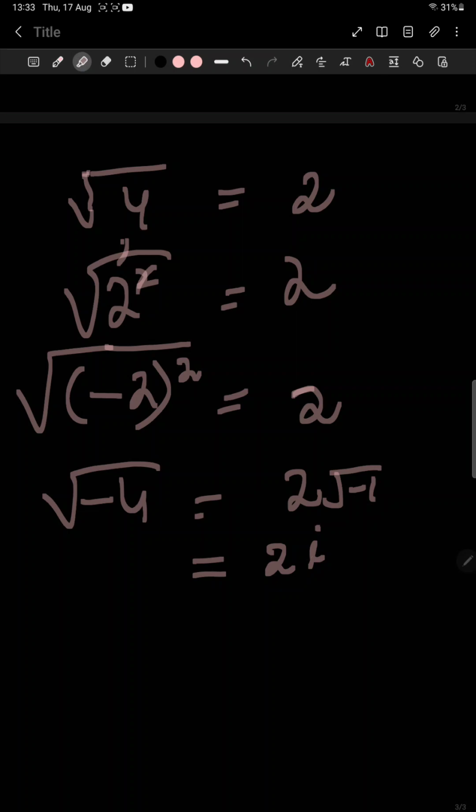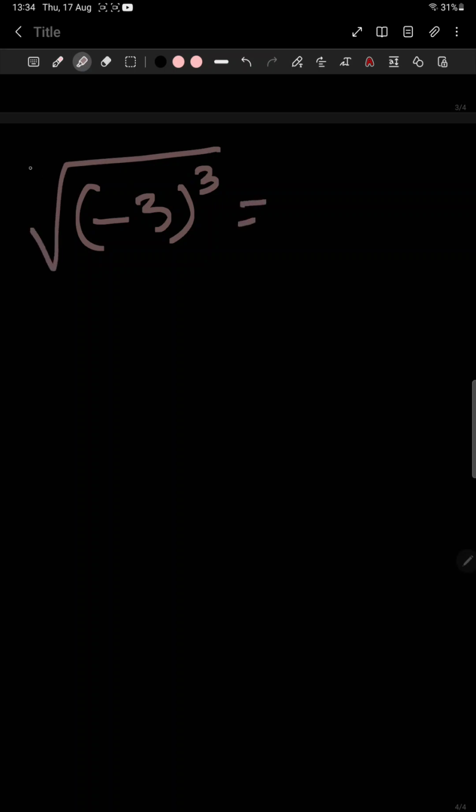Now if the number is the cube root of minus 27, we are going to take the cube root of 27. The cube root of 27 will be 3 and the minus sign will be with it. Next, for instance, the number is the cube root of (minus 3) cubed.